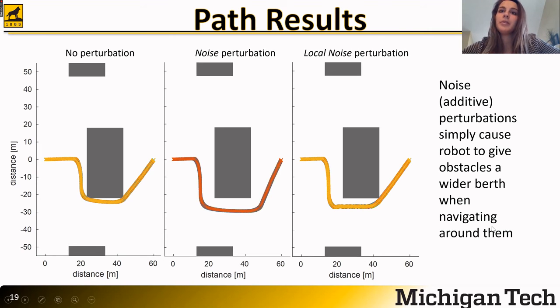And then looking at the noise perturbations, it did not make too much of a difference simply because the robot just basically gave the objects a wider border because it noticed the objects from further away. So it more or less just made the robot think the objects were bigger and kind of give it a bigger barrier when traveling around it.